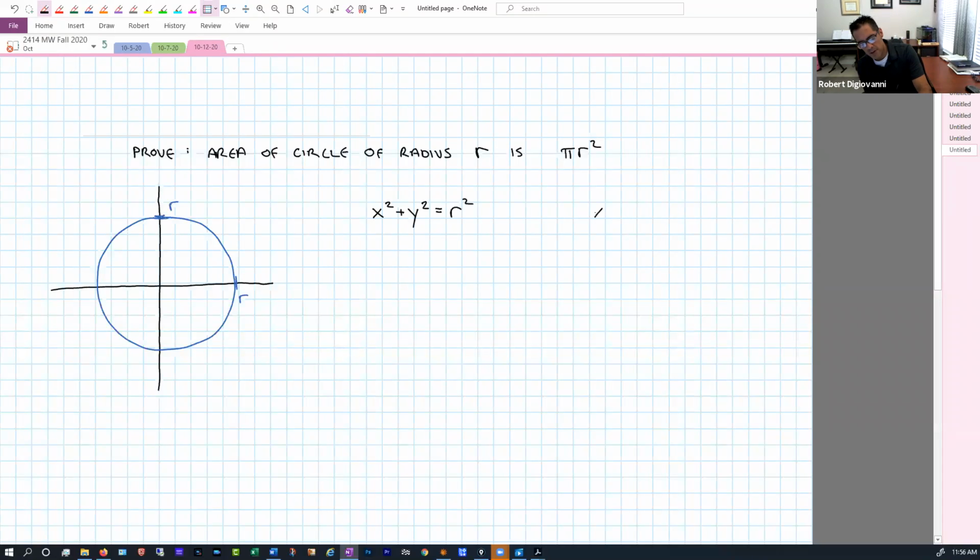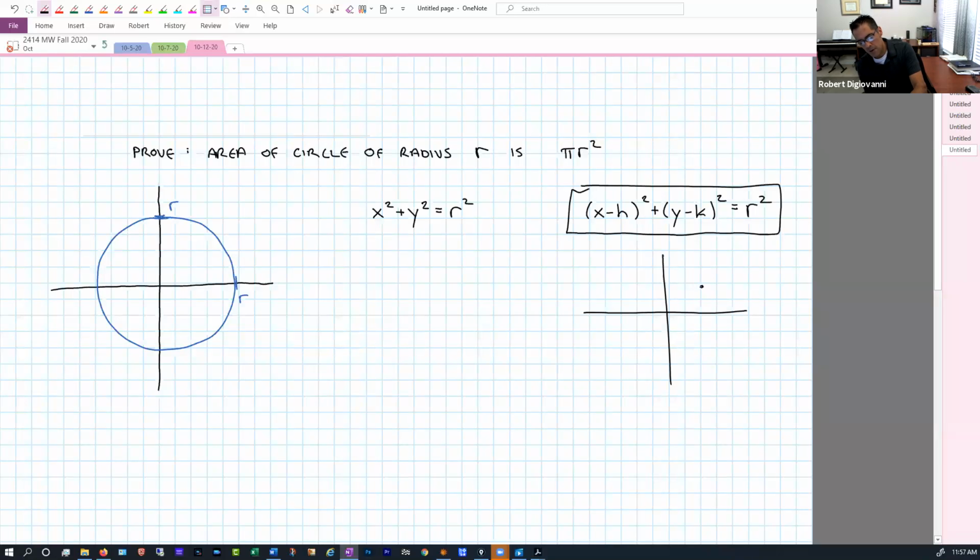You might remember it this way. This might look like something you saw in conic sections and circles in pre-cal. This right here is the equation of a circle that is centered at the point (h, k) and has a radius of r. That's your equation of it.